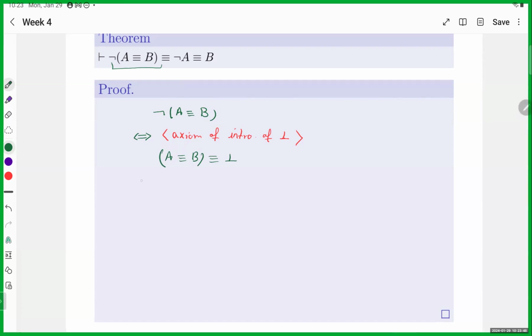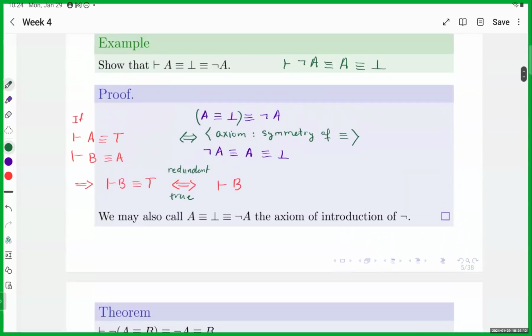Now, again, by associativity, I'm not going to put the brackets anywhere here because the next thing that I want to consider is, in fact, B is equivalent to A, and I want to replace that with what? With negation of B, right? I know it's equivalent to negation of B. Any formula equivalent to bottom is equivalent to the negation of the formula.